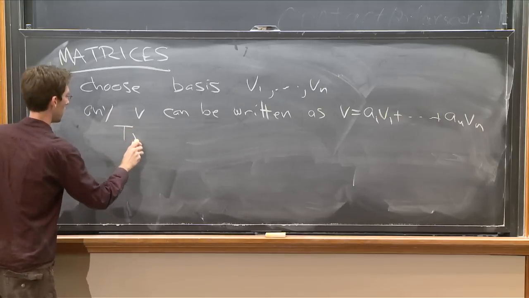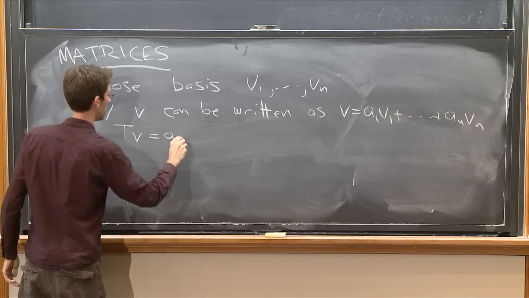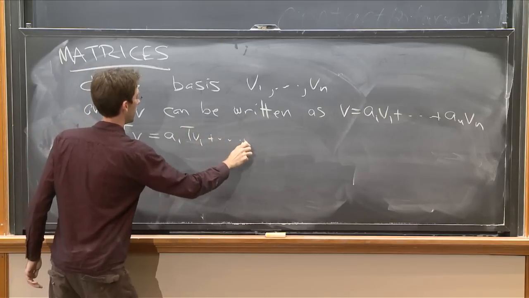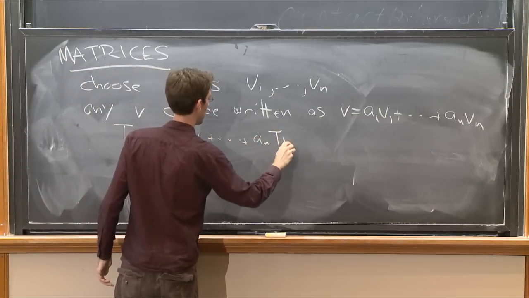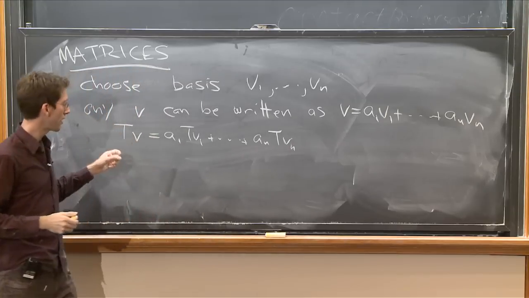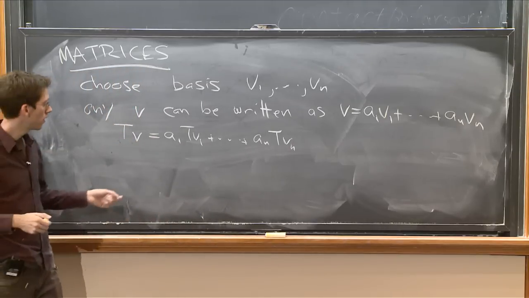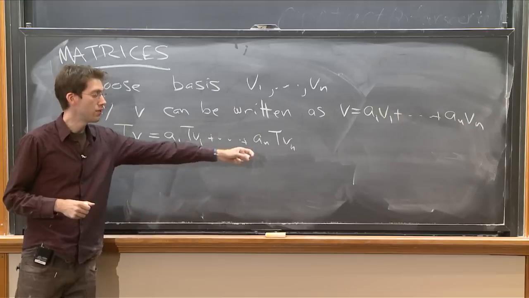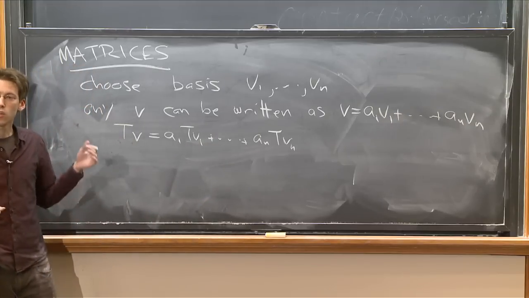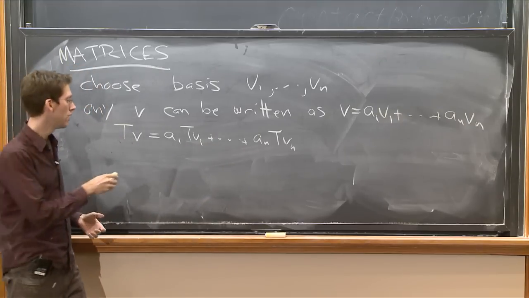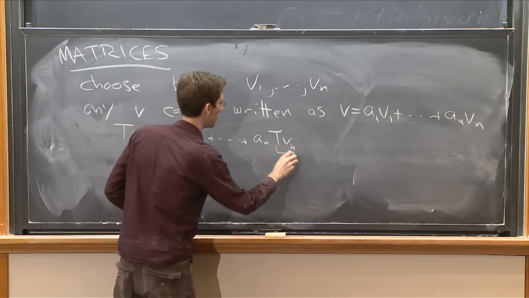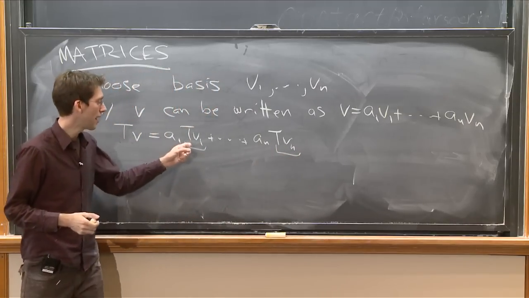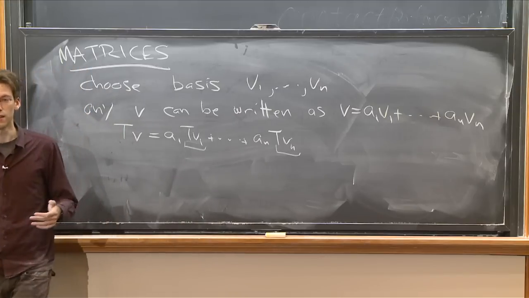And since T is linear, if T acts on v, we can rewrite it in this way. And you see that the entire action is determined by T acting on v1 through vn.